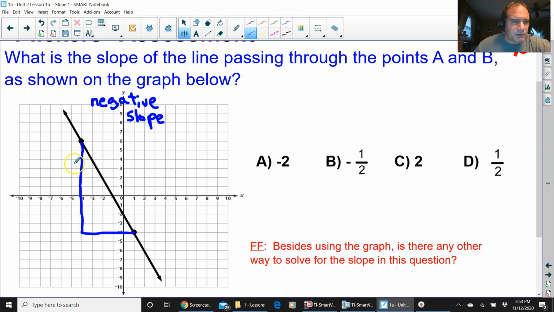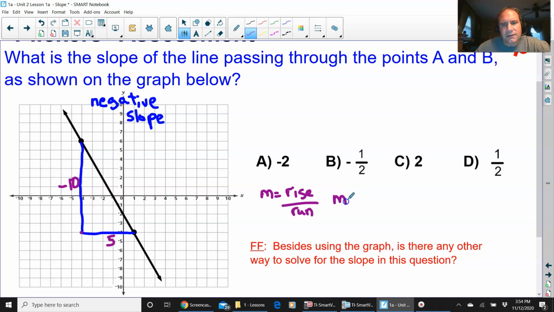1, 2, 3, 4, 5, 6, 7, 8, 9, 10. Since I went down 10, I'm going to put -10. Then I'm down here, and I'm going to go 1, 2, 3, 4, 5. Since I went to the right, I'm going to put +5. Right now, I am going to write down the rise over run formula.